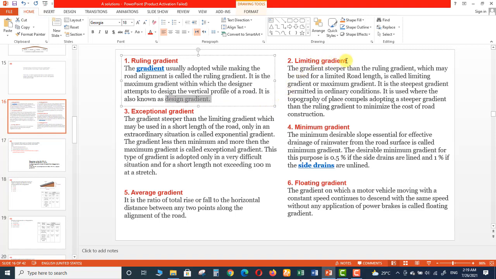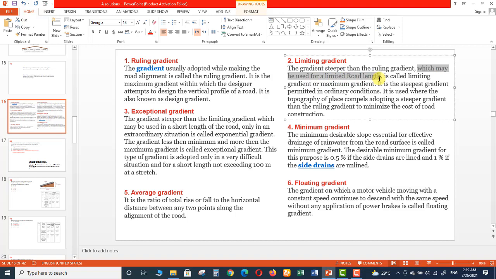Second one is limiting gradient. Limiting gradient is also known as the maximum gradient. Previous one was ruling gradient, right? So the gradient which is steeper than the ruling gradient will be limiting gradient, which may be used for a limited road length.